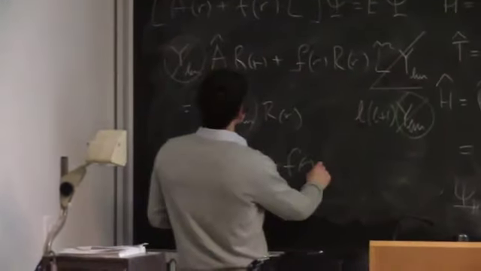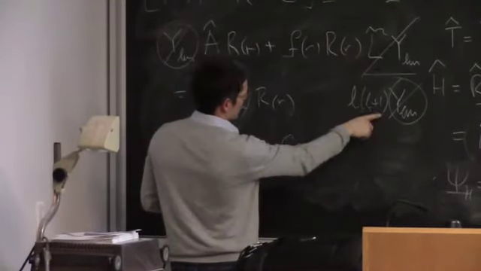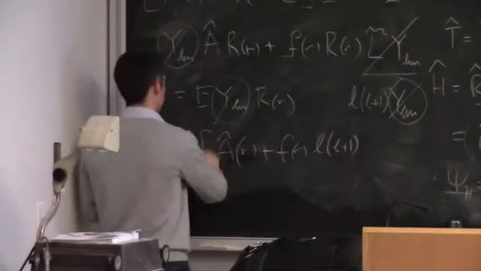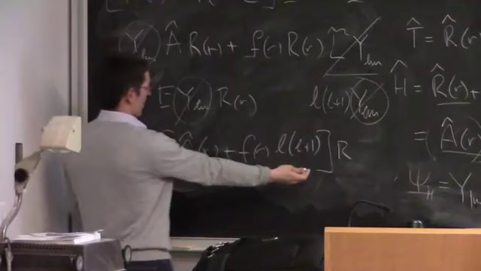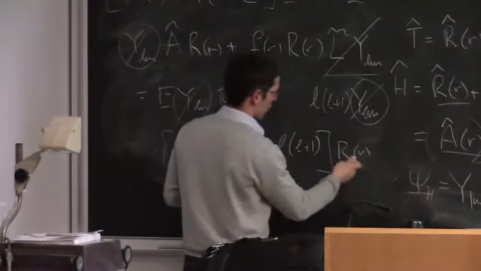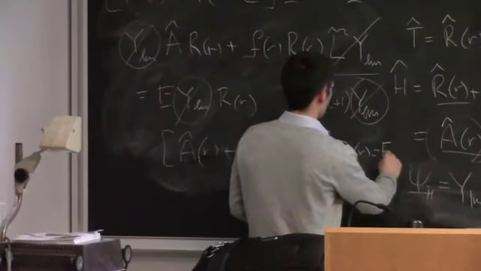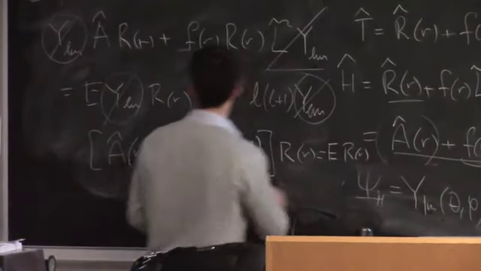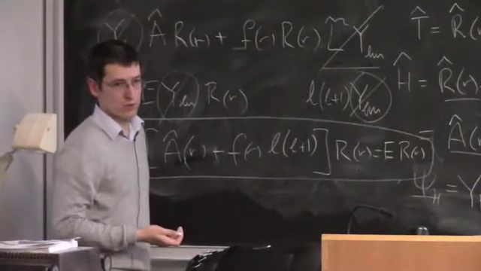And we also have a function of r multiplied by L times L plus 1. That forms another operator that acts on our unknown function big R of small r, and this is equal to the eigenvalue times the function. So that's the radial equation.